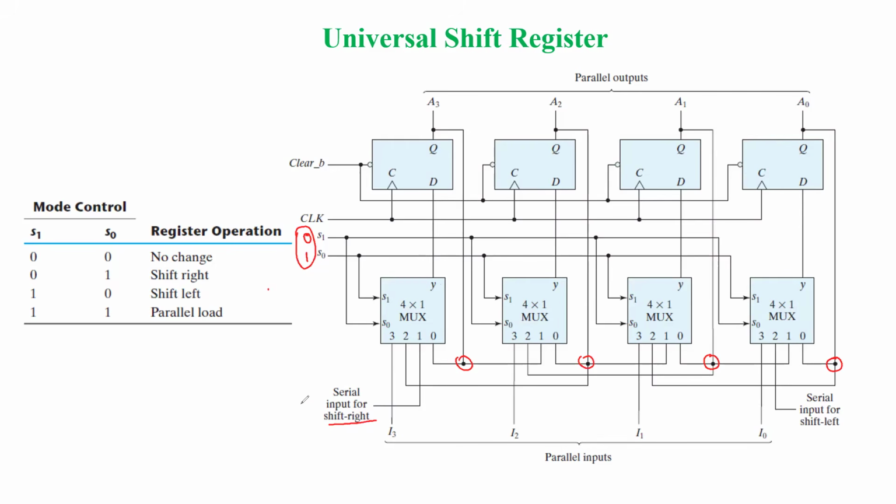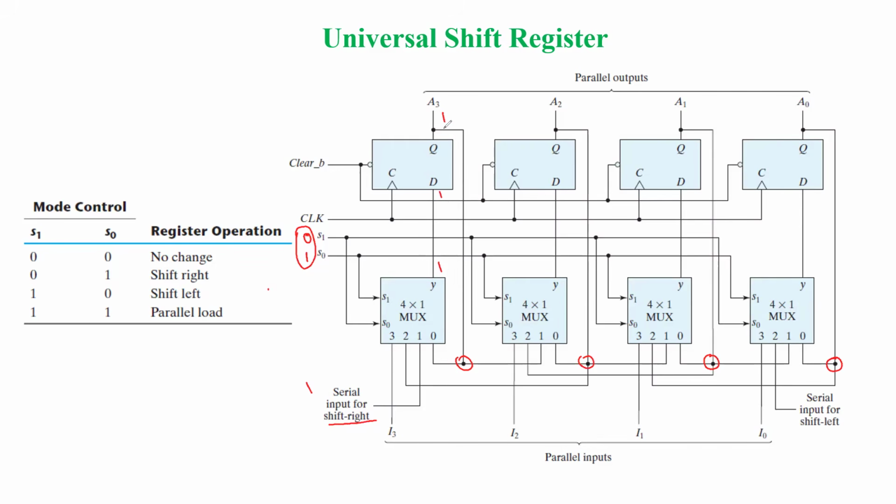Suppose for example we take the value 1 here. This input is given to the D flip-flop, and it is available at the output of the D flip-flop.